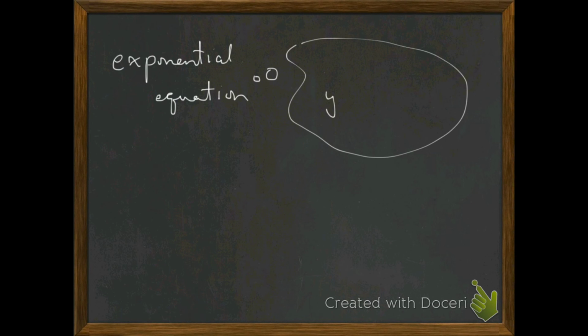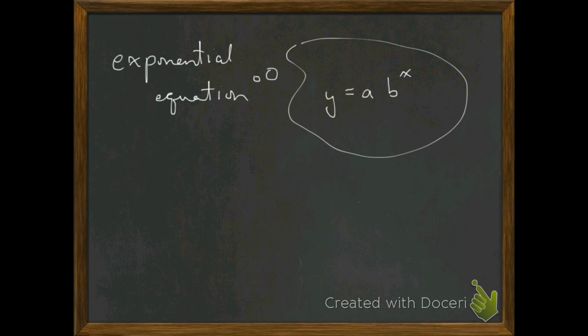The market value V of t of a hybrid sedan, t years after it is purchased, can be modeled by an exponential equation. So guys, when you read exponential equation, what you need to think is I'm going to use this thing.